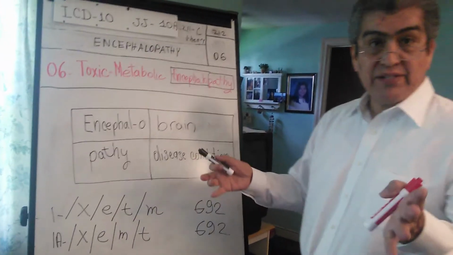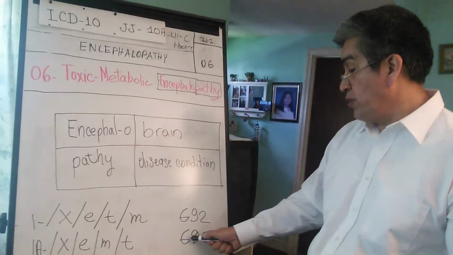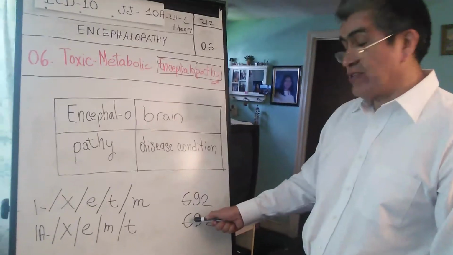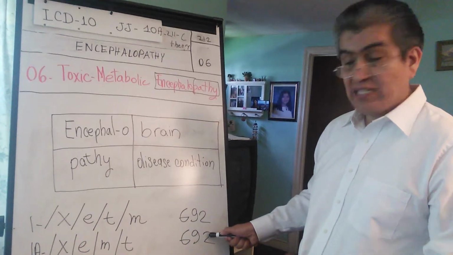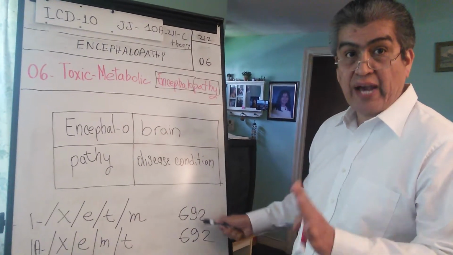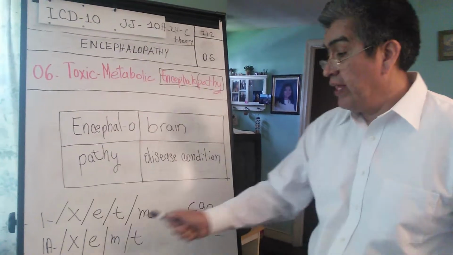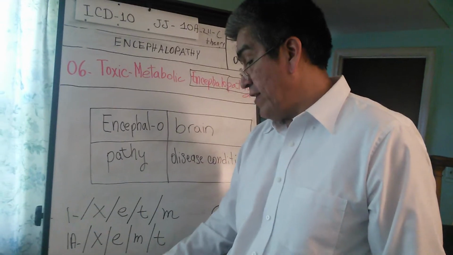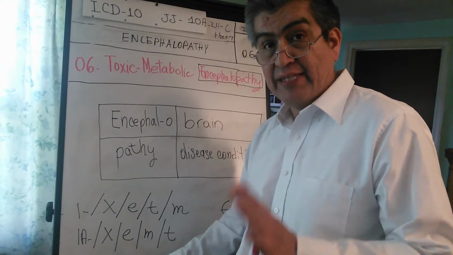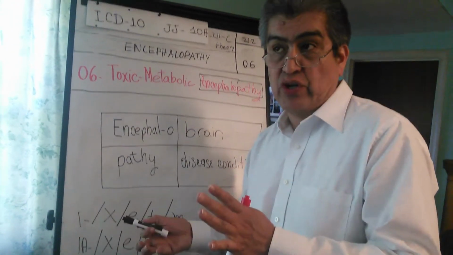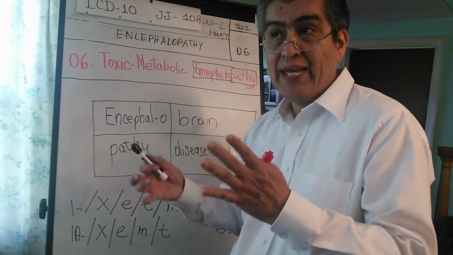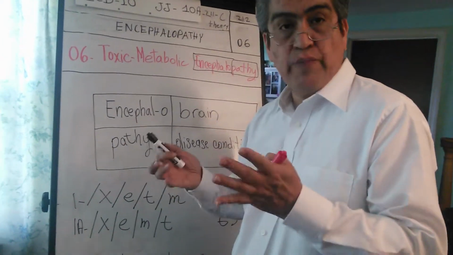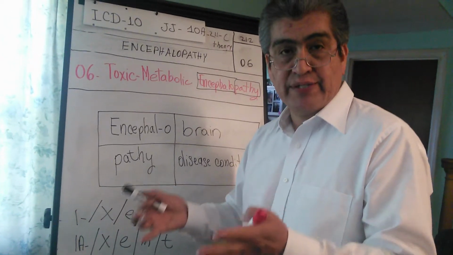Now, in this case, it's even simpler than yesterday because the code G92 has only 3 characters. And that's very easy to check in the tabular. You have to check in the tabular later on. So the second step is to check in the tabular. You go to the tabular, which is the next section of the book, and it's in alphanumeric order by code of disease.